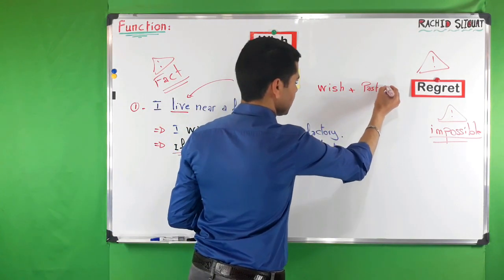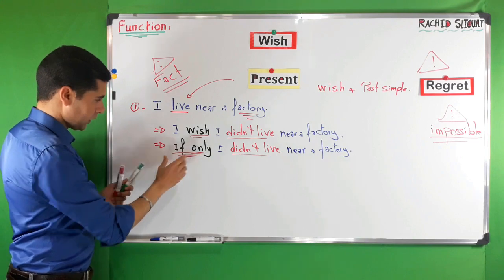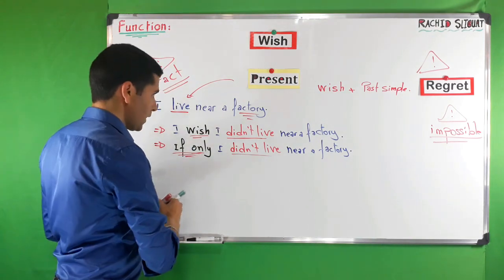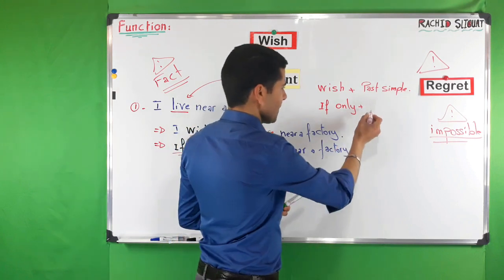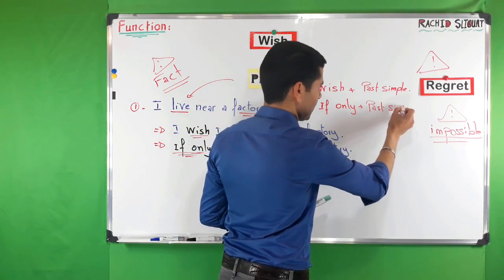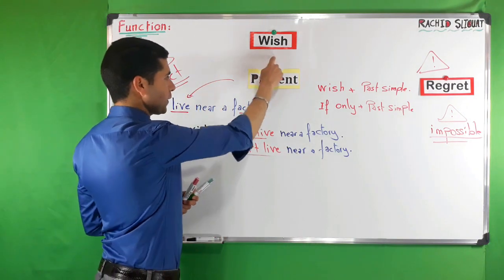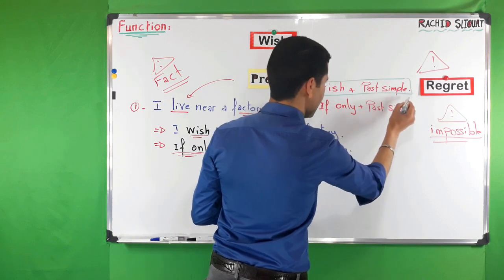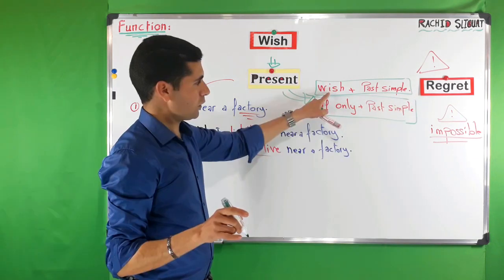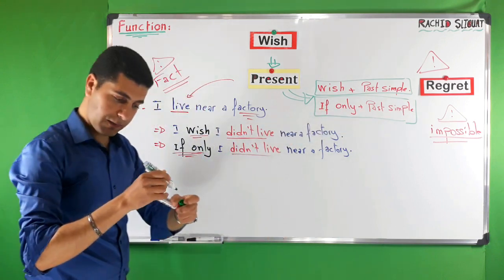In number two we have if only plus past simple. So this is how we express the present wish. This is number one, and this is number two. Wish plus past simple, or if only plus past simple.